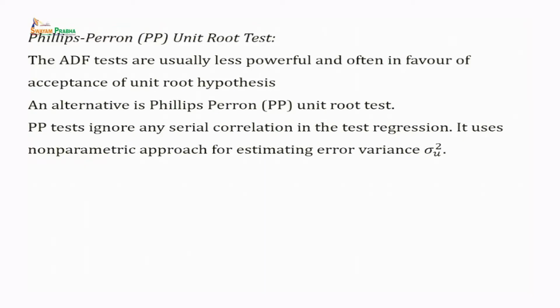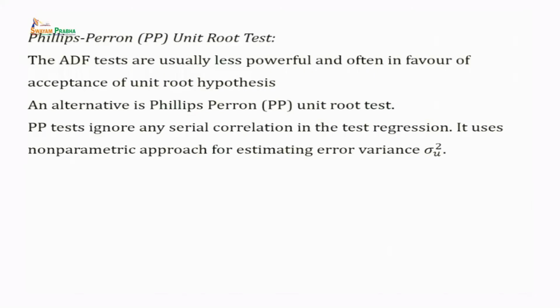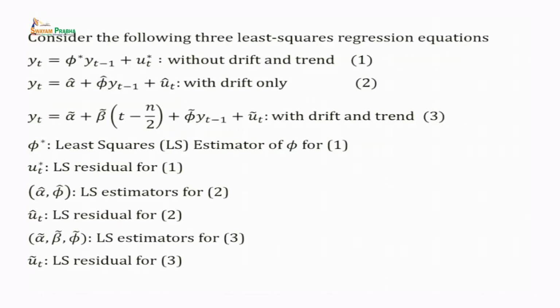In fact, it is the estimator of the variance term which adjusts for the serial correlation in the data. So, instead of the augmentation term, the serial correlation in the data has been adjusted through the estimator of the variance.